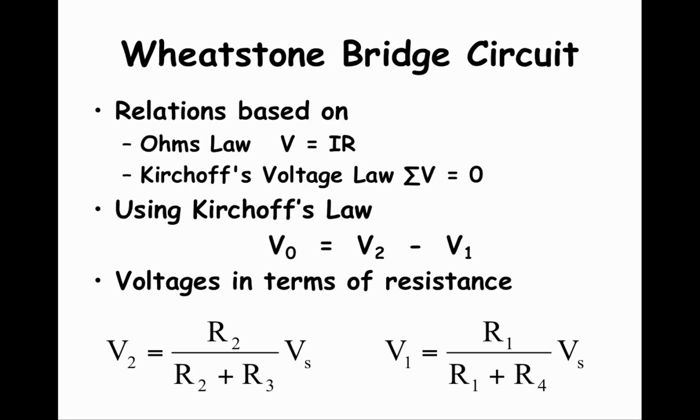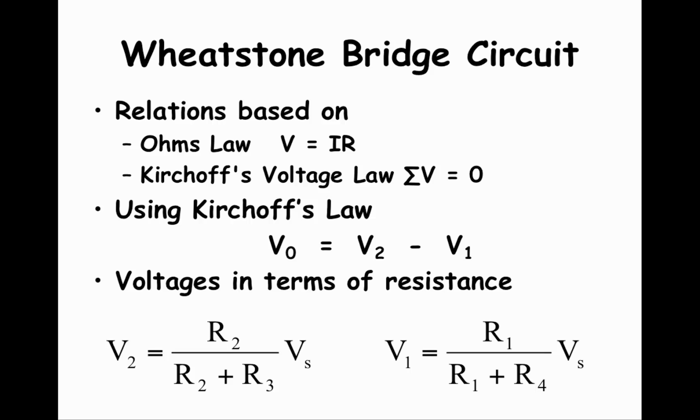Using Kirchhoff's voltage law around the loop, including V0, V2, and V1, we get that V0 equals V2 minus V1. Then by using the concept of voltage dividers, we can write the voltage drop across R2 in terms of resistor 2, resistor 3, and the supply voltage.